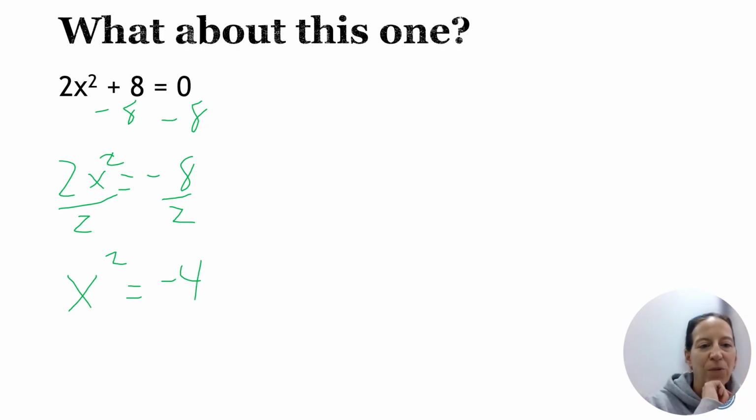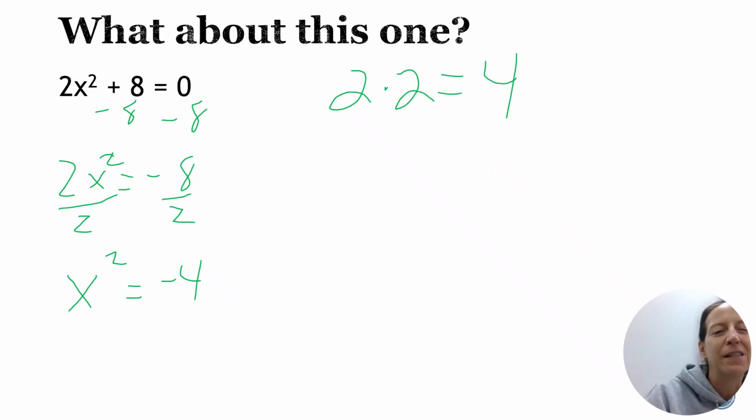And here is where we're going to run into a problem. Okay, so I need some number that when I square it will give me a -4. Now remember, squaring means multiplying it by itself. Okay, you can't multiply it by something sort of like itself. So your first instinct might be, oh, well, I see a 4. The square root of that is 2. But 2 times 2 is +4, not a -4.